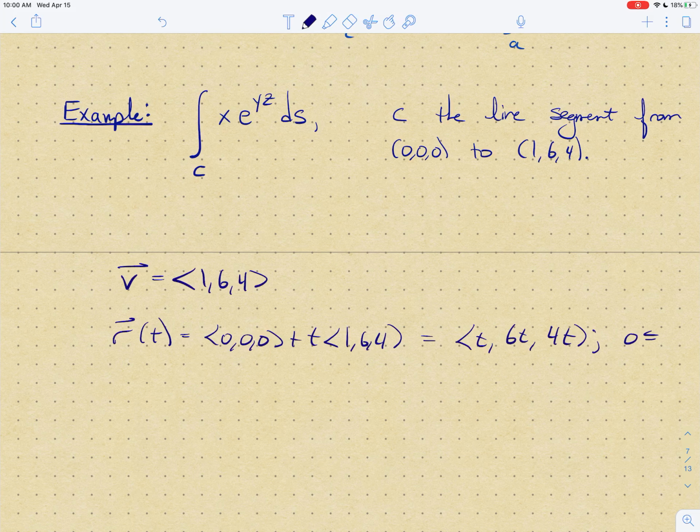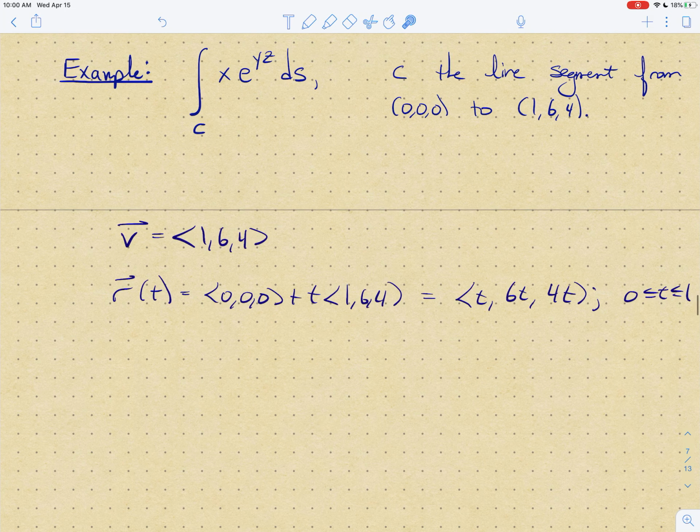And of course you need to know the bounds on t, which are just 0 to 1. When you parameterize a line segment, it's always good to plug in the beginning point and make sure you end up where you want to be. Plug in 0, I'm at 0, 0, 0. Plug in 1, I'm at 1, 6, 4. So this works out perfectly, and it should, because it's correct. Okay, so we've got our parameterization.